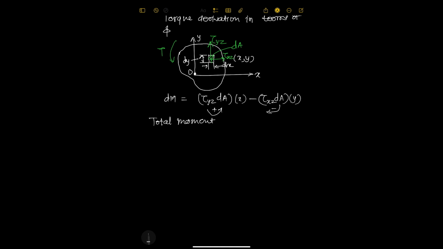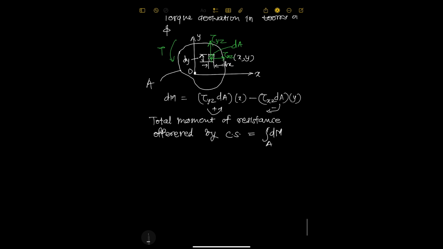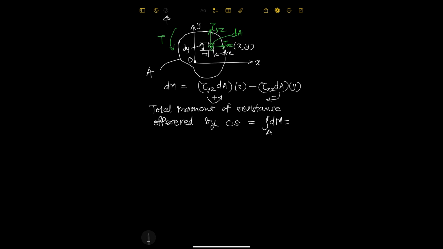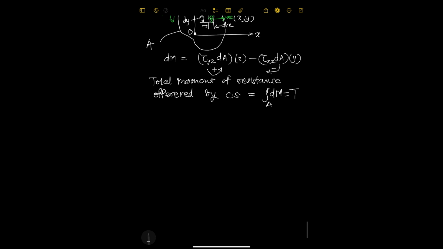Total moment of the resistance offered by the cross section is equal to the integration of dM over area A, the area of this cross section, which will be equal to the applied torque.